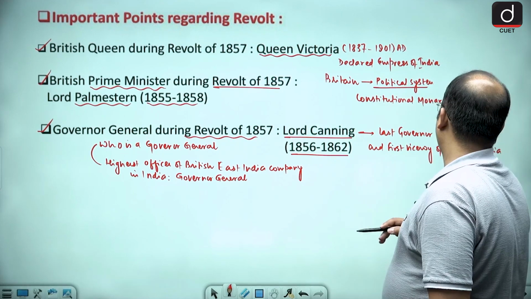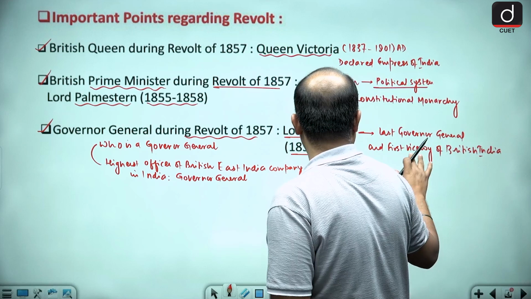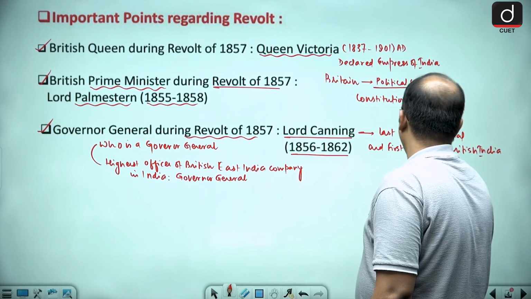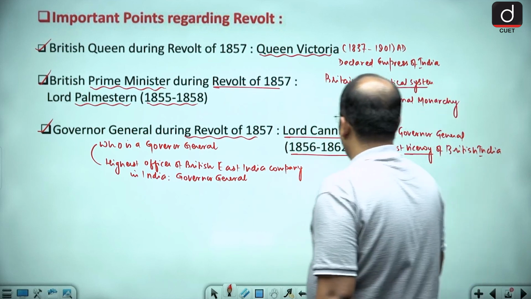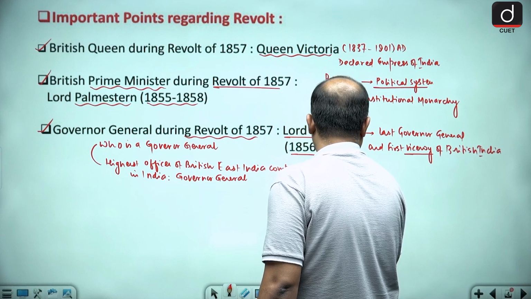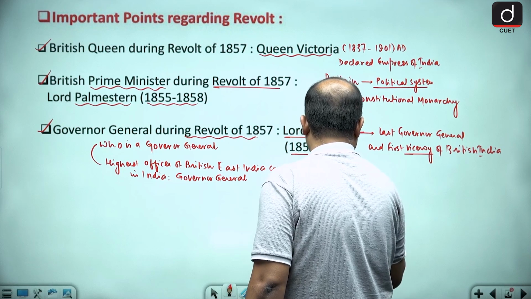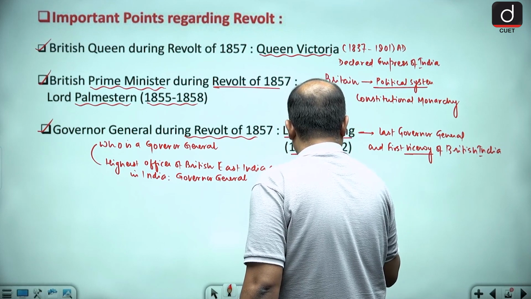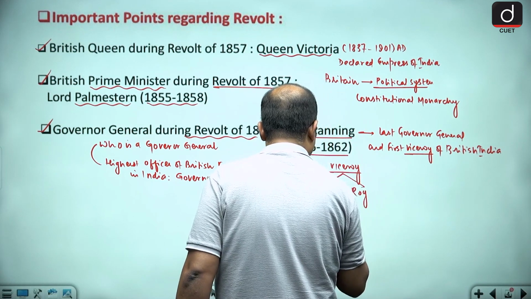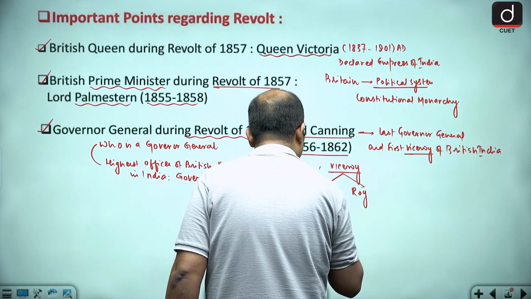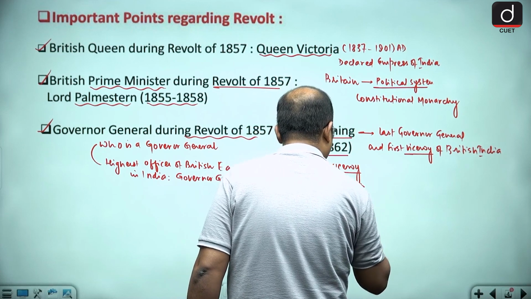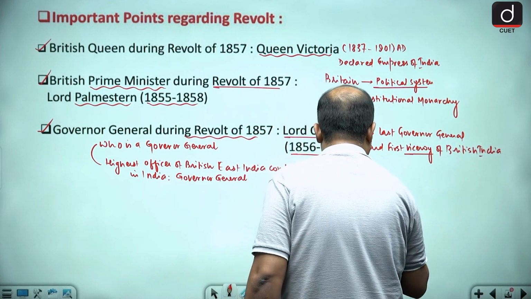Now we hear the term Viceroy. Viceroy, guys, is made from two terms, that is Vice and Roy. Vice means on behalf of, and Roy is a term that means the king.